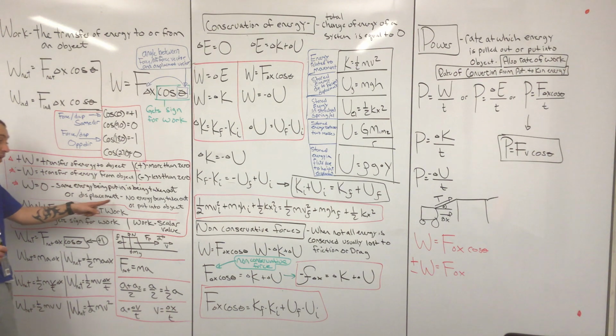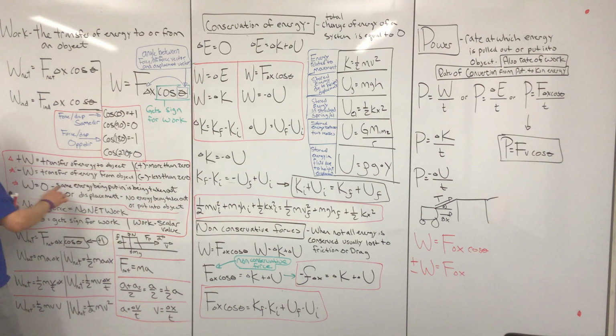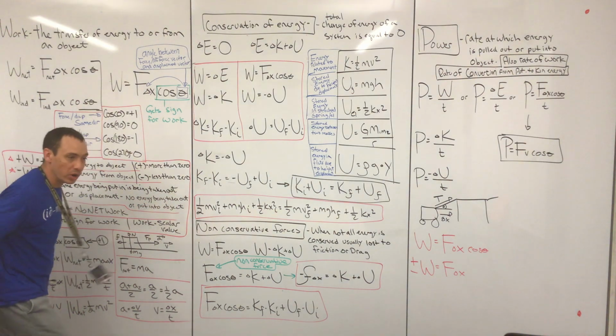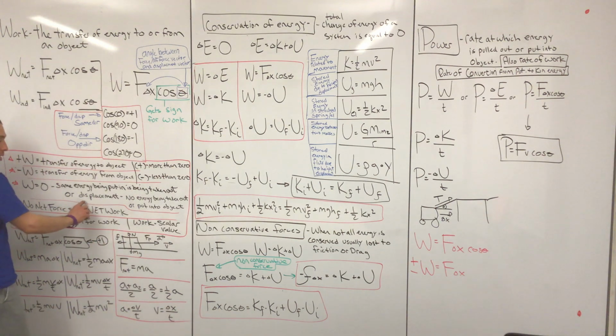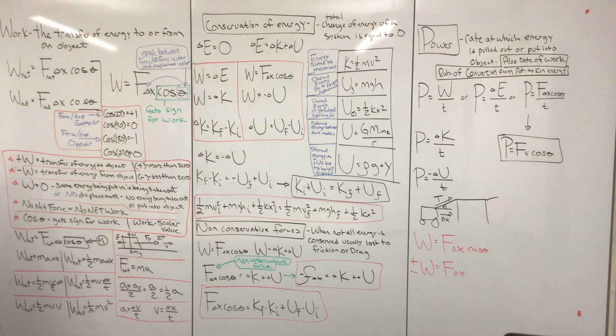Or no energy is being taken out or put in at all. It might just be sitting still. So you can have the same amount of energy taken out as put in if you're moving it, or if you have no displacement, no energy is being taken out or put into the object.